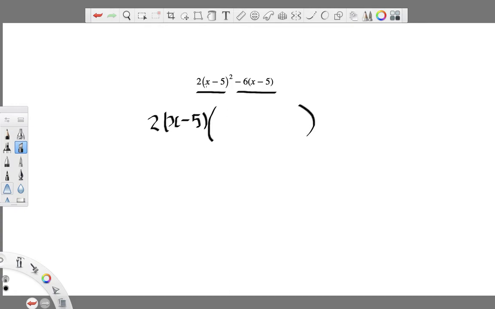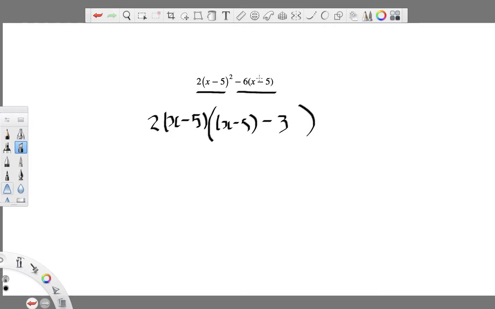So to get 2 and then (x minus 5) all squared, well, we need another x minus 5, and then to get the last term, so minus 6 (x minus 5), we need minus 3. And we know that that's true because then when we expand this out, we will obviously get that.